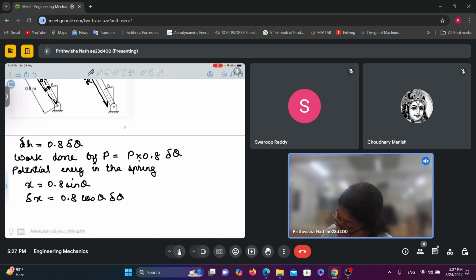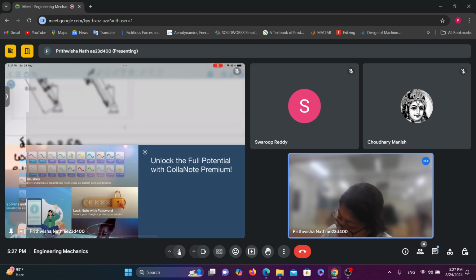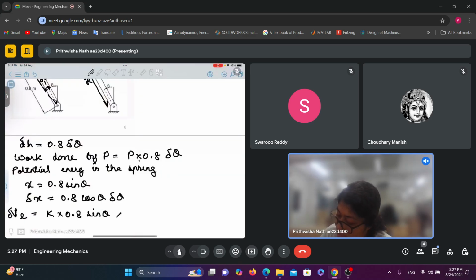Now the potential energy in the spring becomes delta V equals K into 0.8 sine theta into this delta x, right? 0.8 cos theta delta theta. Is this clear?